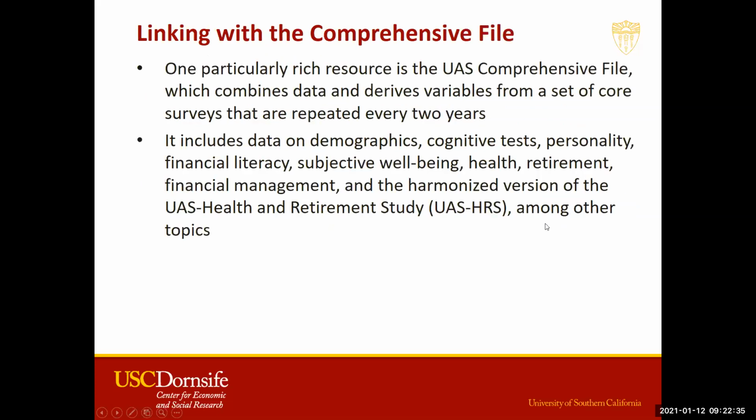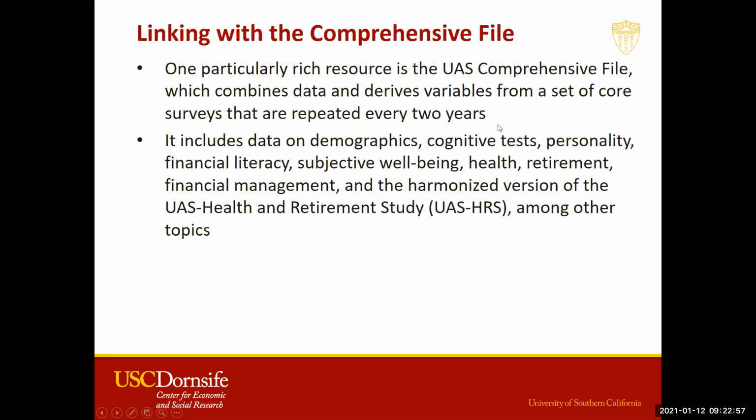One particularly rich resource is one of the special data sets, the UAS comprehensive file, which contains data and derived variables from a set of core surveys that are repeated every 2 years. I'm going to use an example with this, so I'll just give you a quick intro.